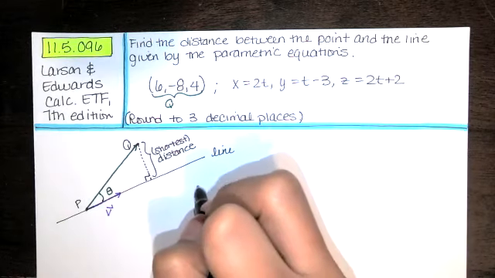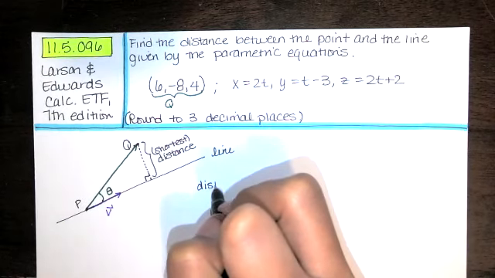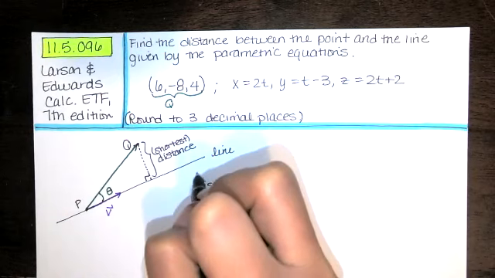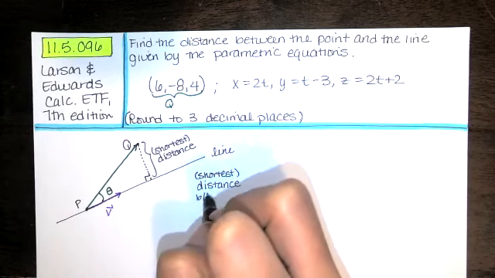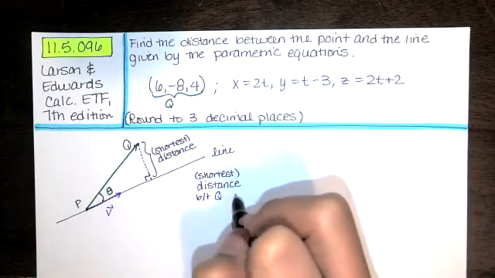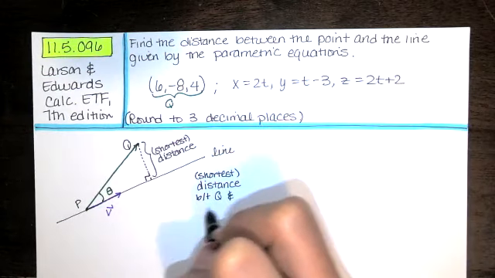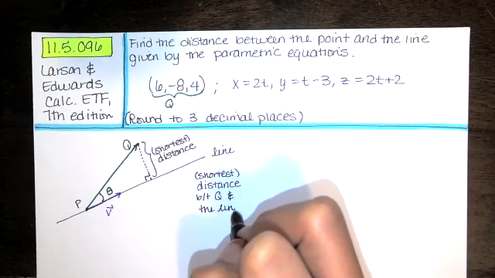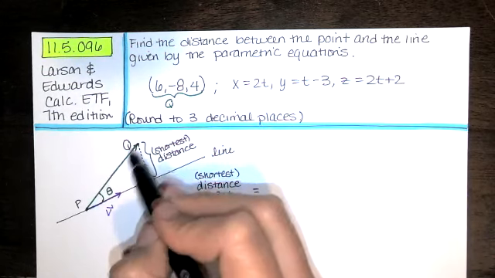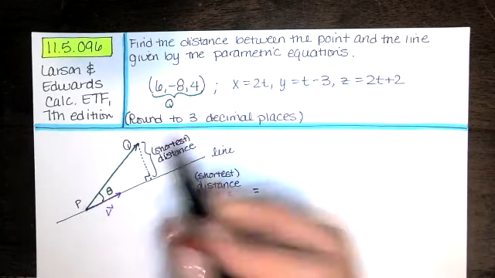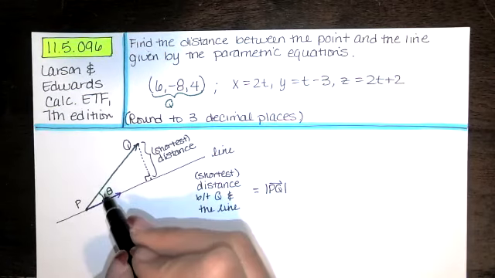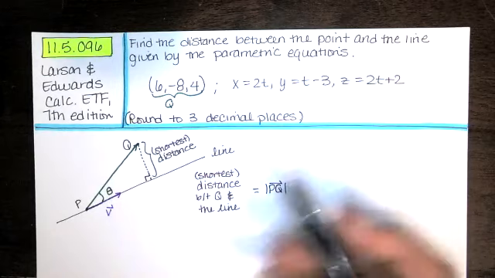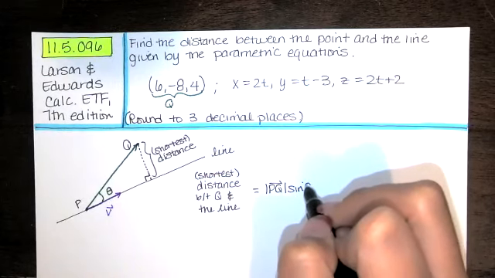And then just using right triangle trig, the shortest distance between Q and the line is given by the magnitude of this hypotenuse, which is the magnitude of the vector PQ. And then since that side is opposite theta, we have a sine of theta.